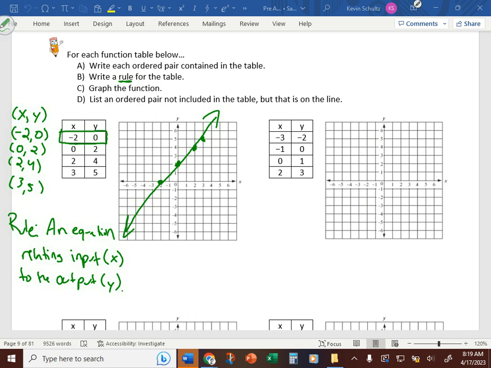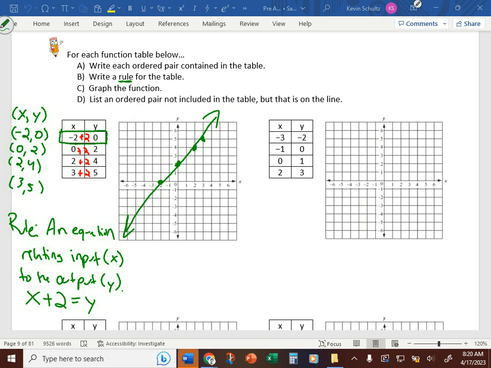For every single one of these, -2 plus 2 gives us 0. 0 plus 2 is 2. 2 plus 2 is 4. 3 plus 2 is 5. So the rule for the table is that whatever X is, we're going to add 2, and that's going to give us Y. So the rule for the table is X plus 2 equals Y.